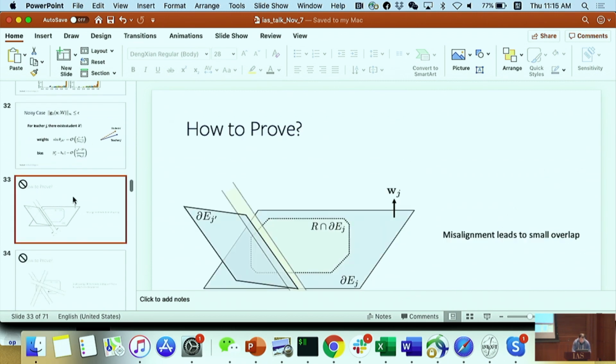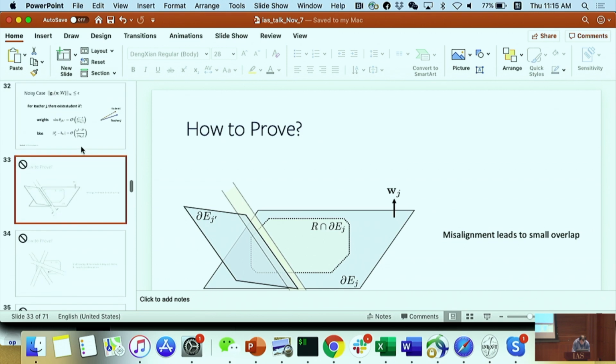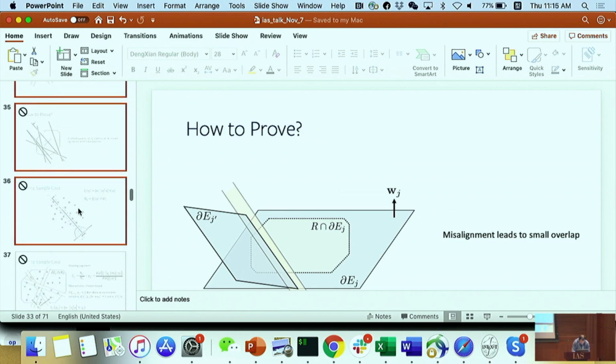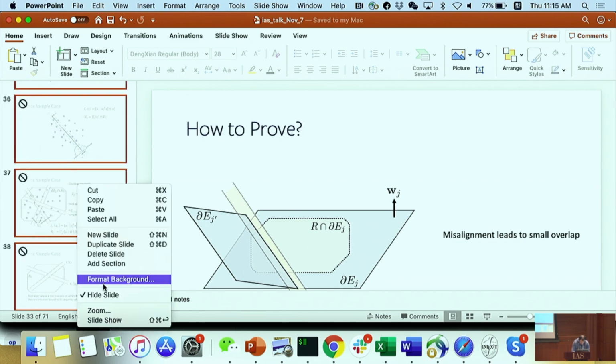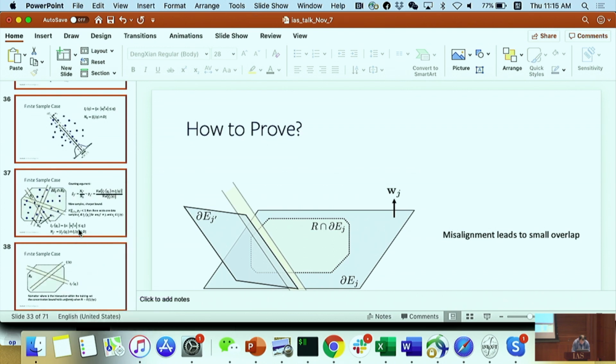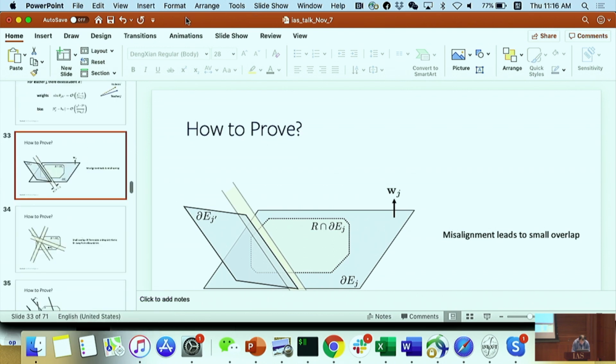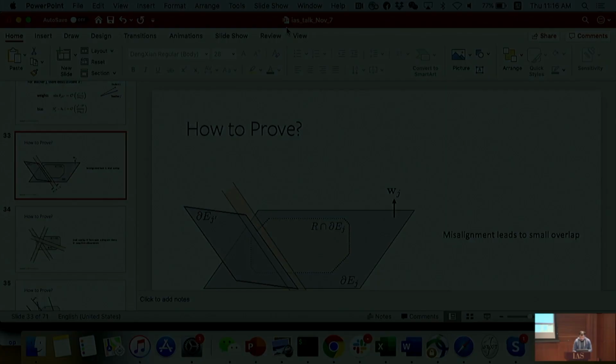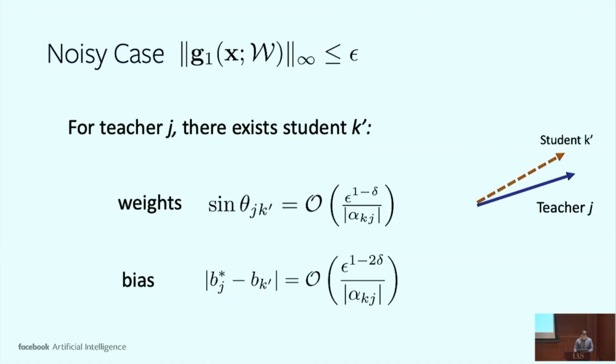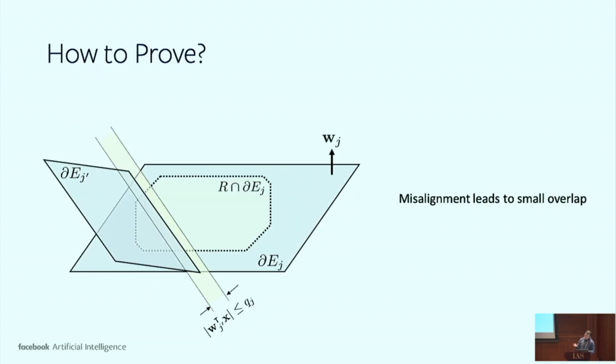So how to prove this? If we start with noise, what happens? I think the rough idea is, first, this is the infinite sample case.